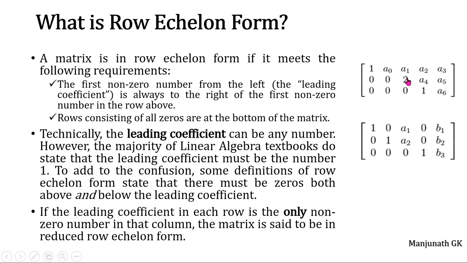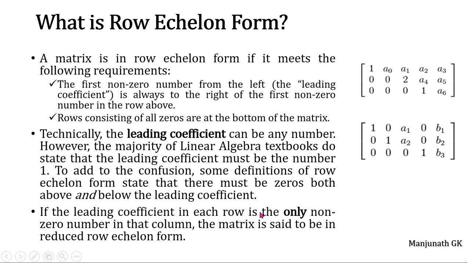Consider one more example. It is echelon form as well as reduced row echelon form because it satisfies that the leading coefficient in all rows should be 1. Yes, it is there. Then the leading coefficients should fall to the right of the leading coefficient above it. Yes, it is there.